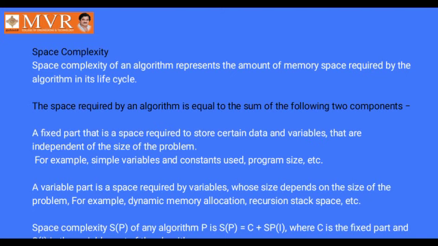And the variable part means the dynamic memory allocations, recursions, stacks, etc., used in the algorithm. So S(P) = C + S_P(I), where C is the fixed part and S_P(I) is the variable part. C is constant and S_P(I) is changing, because the dynamic memory allocations, recursions, and stacks vary from algorithm to algorithm.